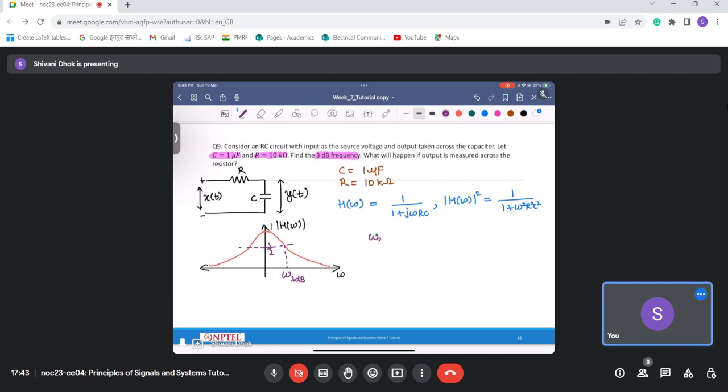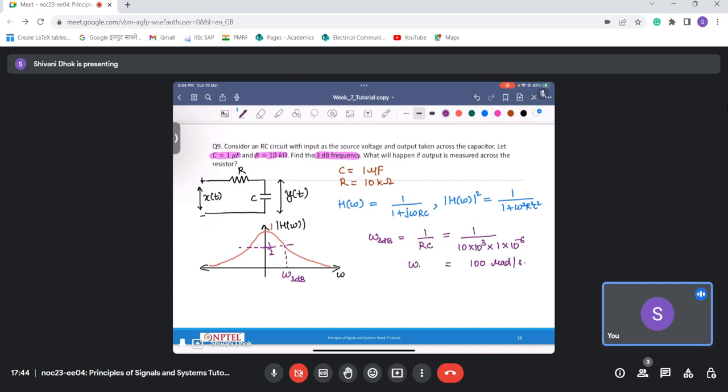So this omega 3 dB was obtained as 1 by RC, which for given values comes out to be 1 upon R, that is 10 kilo ohm, 10 into 10 power 3, multiplied by C, which is 1 microfarad, so 1 into 10 power minus 6, which comes out to be 1 by 100, and this is radians per second.